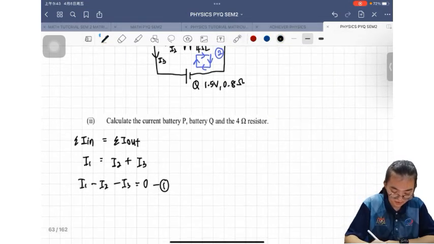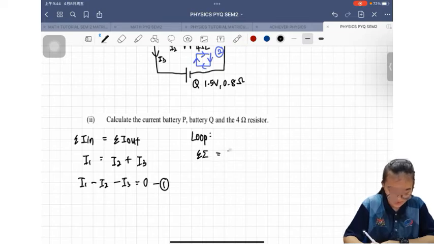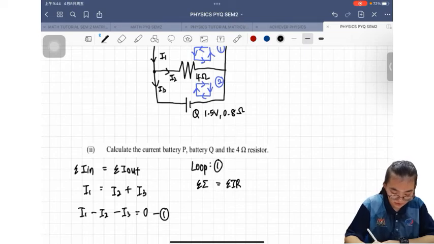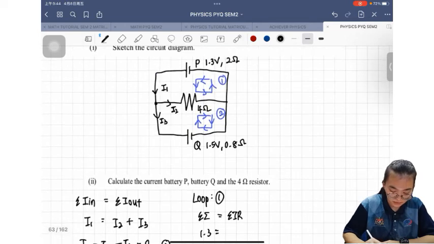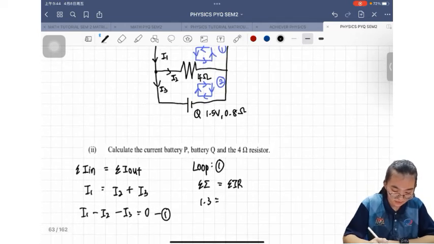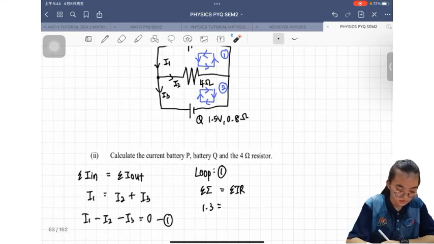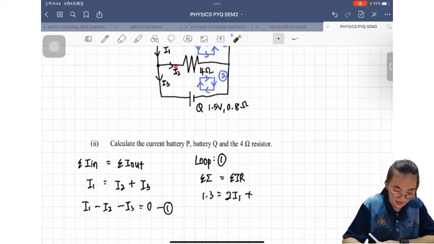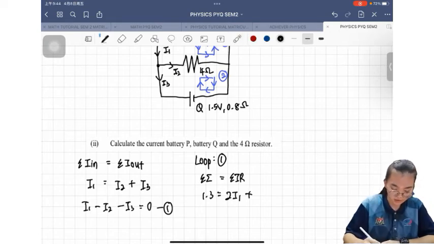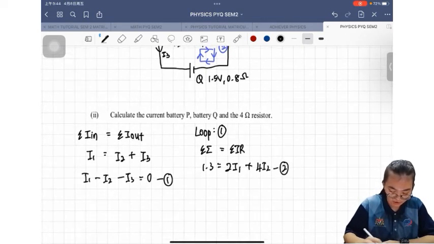Then for loop 1, the total EMF is equal to the total IR. So for loop 1, our EMF is 1.3 equal to, for I1 we have 2 ohm, so it's 2 I1, plus I2 with 4 ohm, so it's 4 I2. This is our second equation.